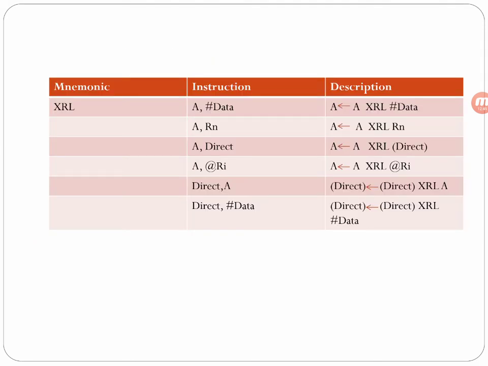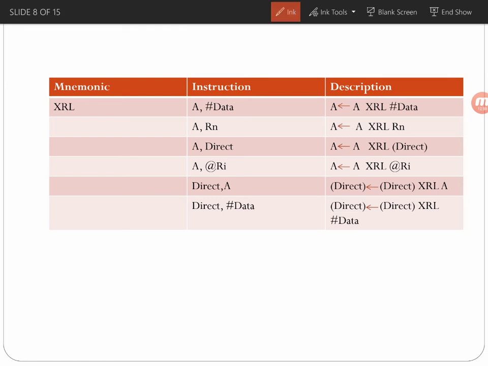So the next slide gives you the various forms of the XRL operation. So we have XRL A, #data. The content of accumulator A is XORed with the 8-bit immediate data, and the result is saved in the accumulator register. Next, XRL A, Rn.